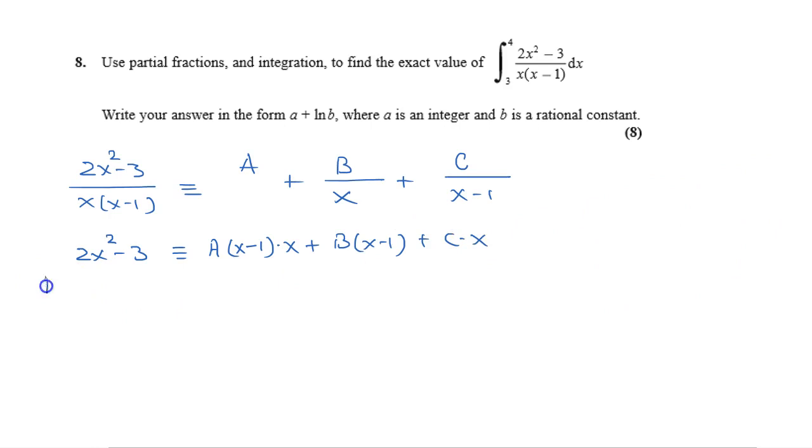So first condition is put x is equal to 1. So this is 2 minus 3, 1 minus 1, 0, 1 minus 1, 0 plus c. So this indicates that c is equal to minus 1.